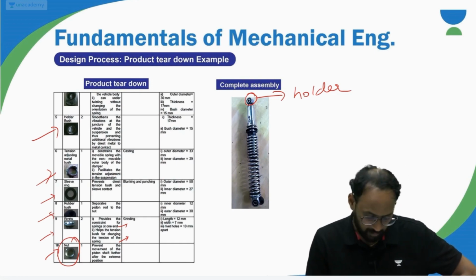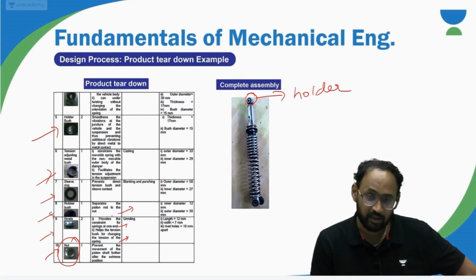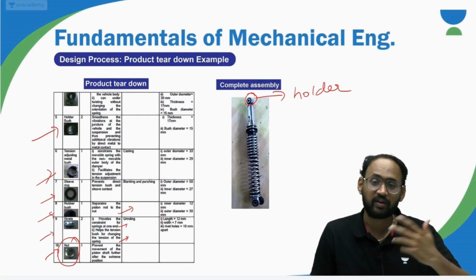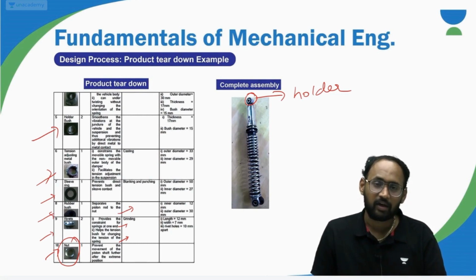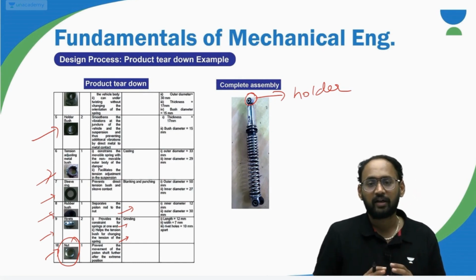There is a rubber bush, which separates the piston rod from the nut. So these are various functionalities. Now we know, by this product teardown, we understand each and every function.